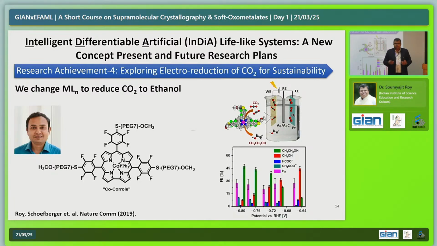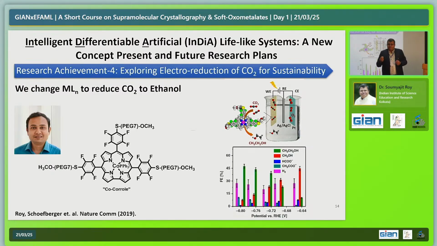What happens here is that you have the carbon dioxide, then you have the reduced system, and the carbon dioxide anion; they combine together to form glyoxal, CHO, CHO. Then you have a disproportionation via which you create ethanol, and that's how you get the reduced product.